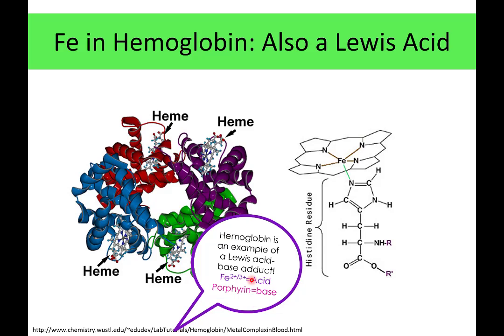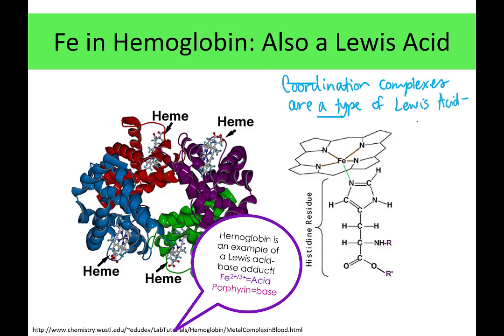So we're going to be talking a lot more about these different types of coordination complexes, but a big key here that I want you to understand is that coordination complexes are a type of Lewis acid-base adduct. And we will talk a lot more about what coordination complexes are in the next lecture. Well, we're going to talk about hard-soft acid-base theory, and then we'll introduce coordination complexes.